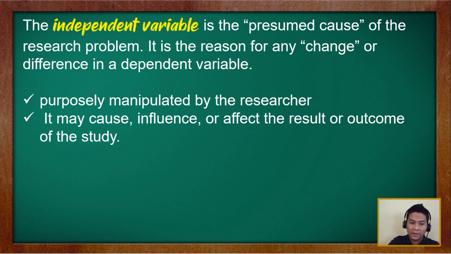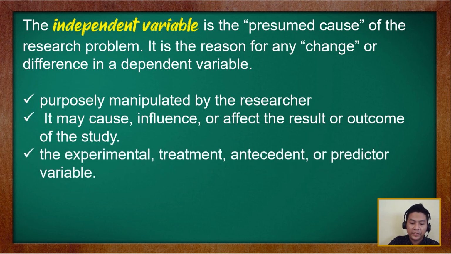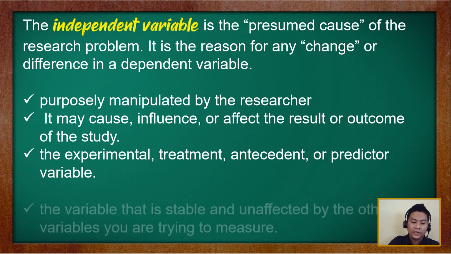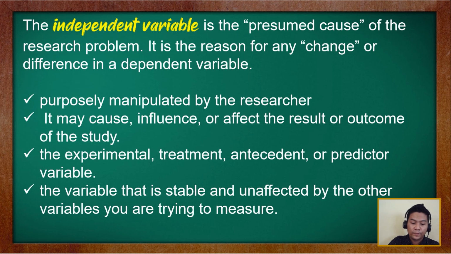It may be the cause, influence, or it may affect the result or outcome of the study. It is also called the experimental treatment, antecedent, or predictor variable. Moreover, it refers to the variable that is stable and unaffected by the other variables you are trying to measure. That is the independent variable.